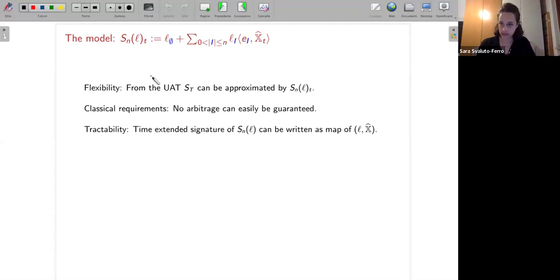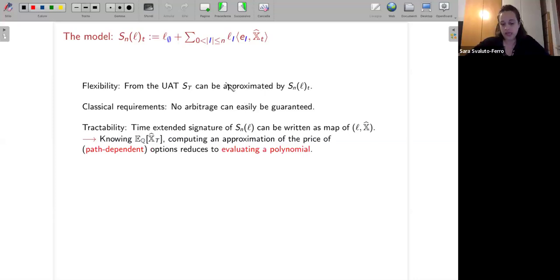Moments are contained in the signature, right? Because the signature contains a Taylor basis. So you can write all the moments of your price as a function that depends on the signature of what you use as your primary process. That can be, for example, a Brownian motion.